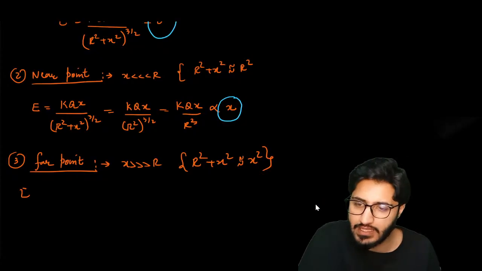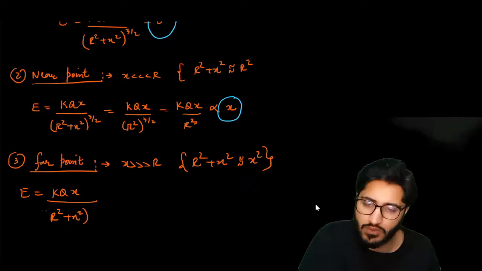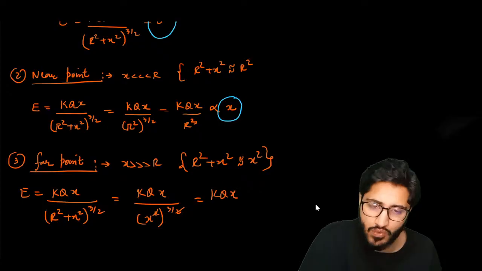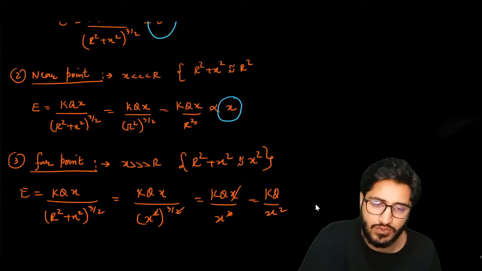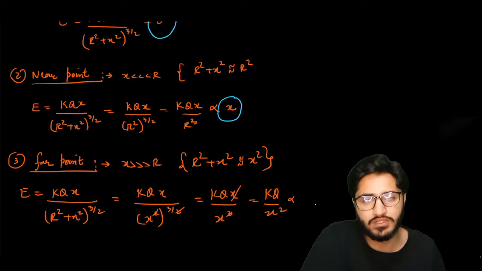So now E is equal to kqx whole divided by (x square) to the power 3 by 2, which is kqx divided by x cube. One x cancels out, so I can write kq by x square. So it is proportional to 1 by x square.